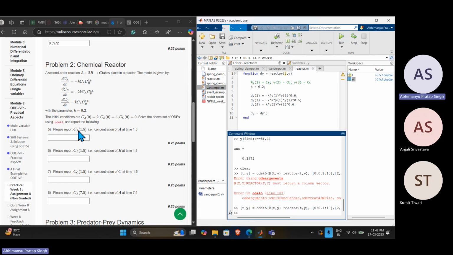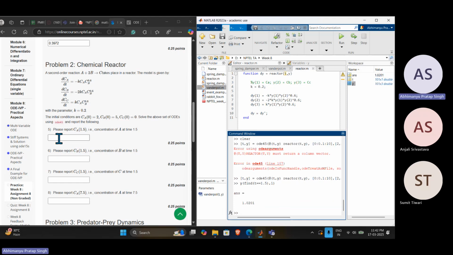Yeah, so we need the concentration at 1.5 seconds. So I will just write that only. Find t at 1.5 and CA, that is the first one only. So this second term will remain one only.